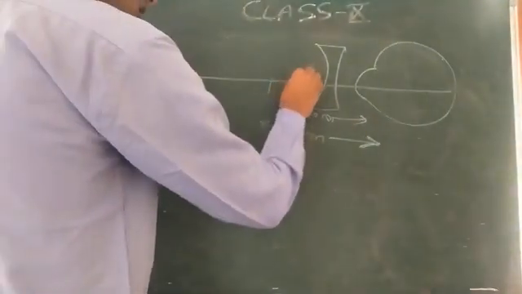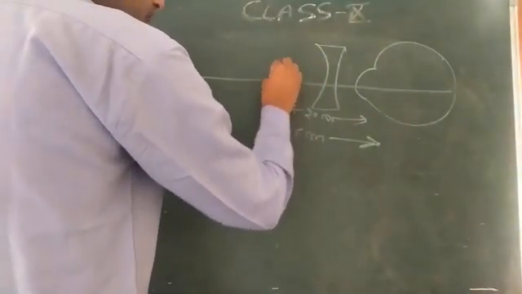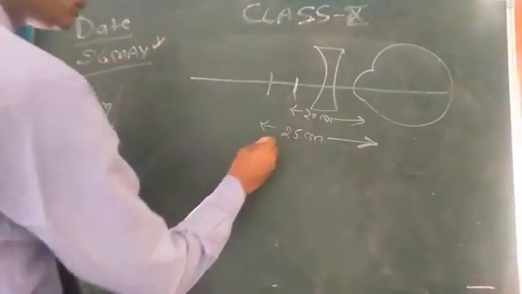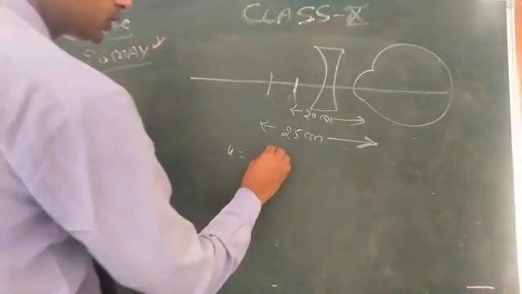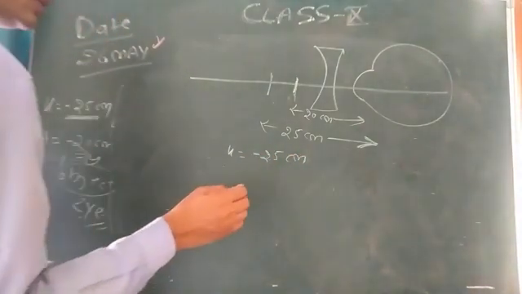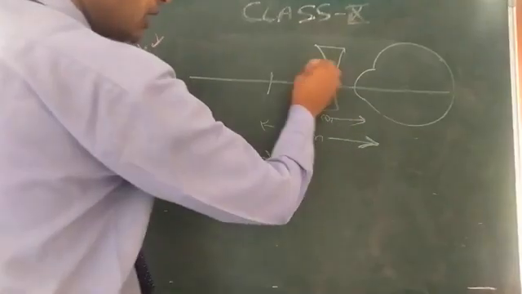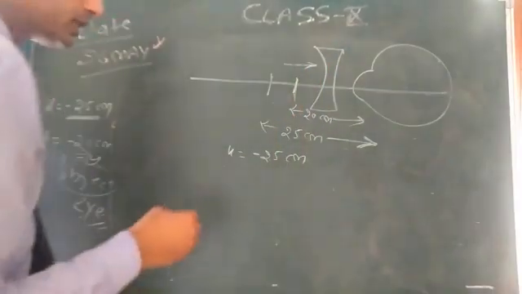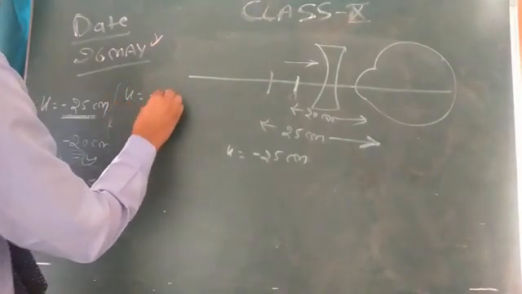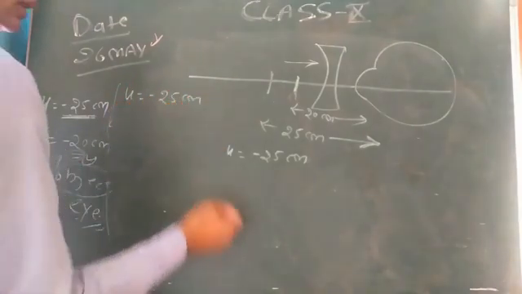The object is placed at 25 centimeter, so u equals minus 25 centimeter; the minus sign comes because we measure distance against the direction of light.